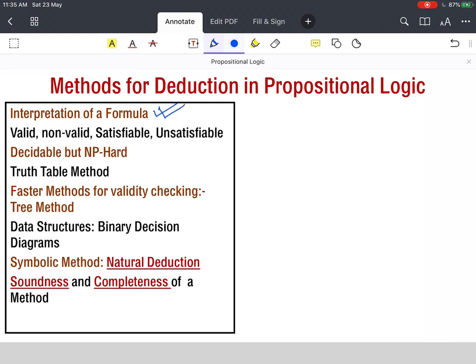So, the method for deduction in propositional logic is to determine the interpretations of a formula.